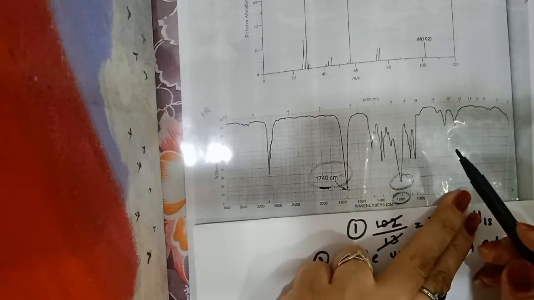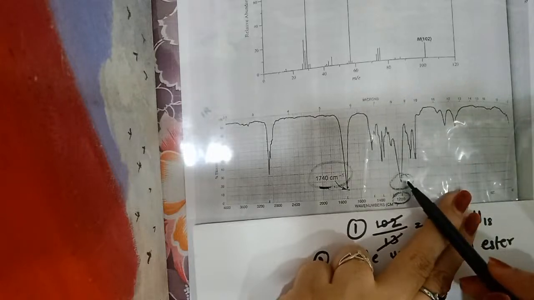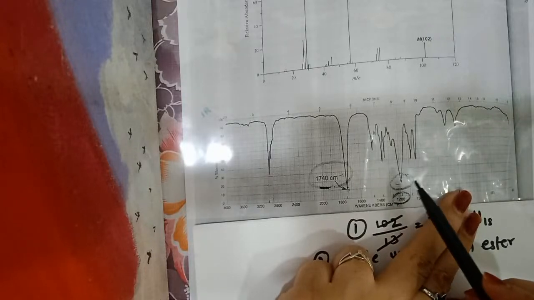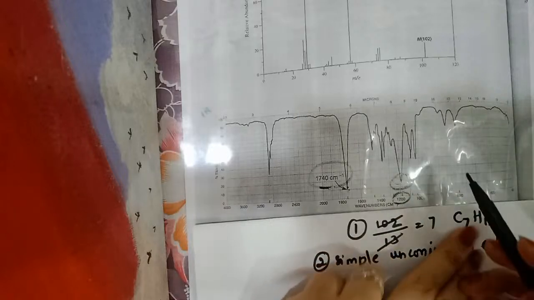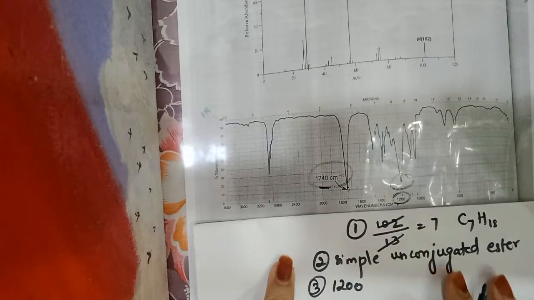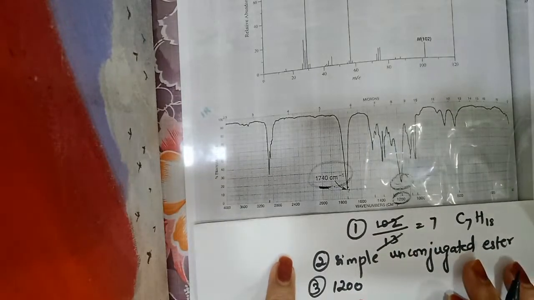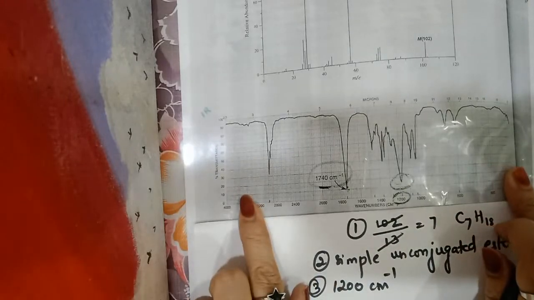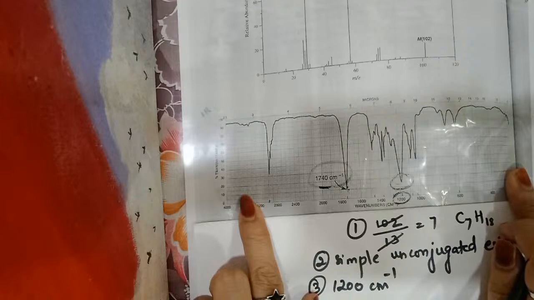At this point again we can see a strong peak, but compared to this sharp peak, this peak is a little broader. So we say it is a strong but a broad peak at 1200 centimeter inverse. I hope it is clear.